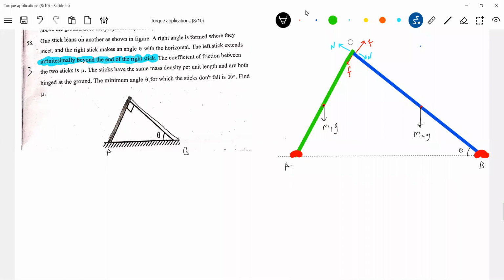Let me take this angle as alpha. So alpha plus theta is 90 degrees, first thing. Taking torque about A: M1G, AO by 2 clockwise, AO by 2 cos theta.